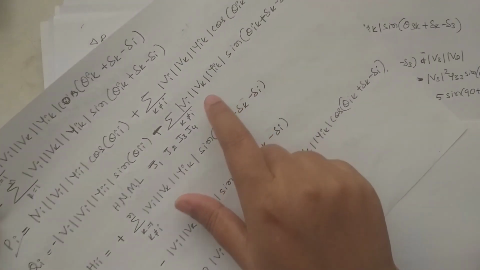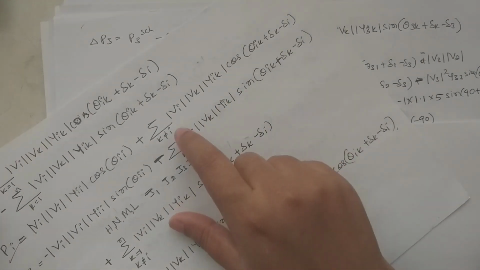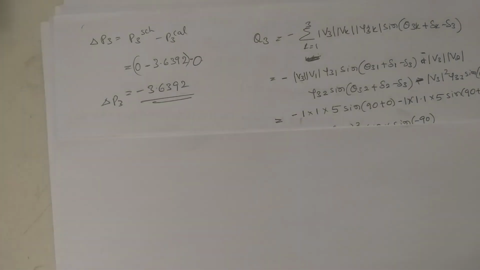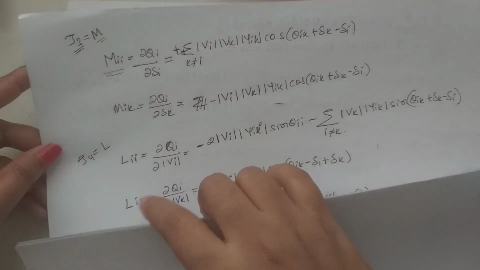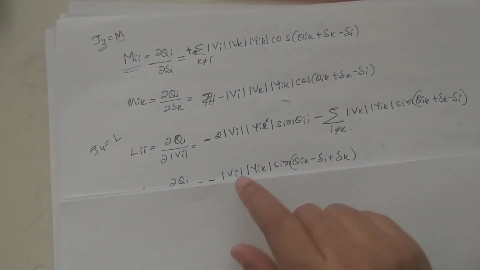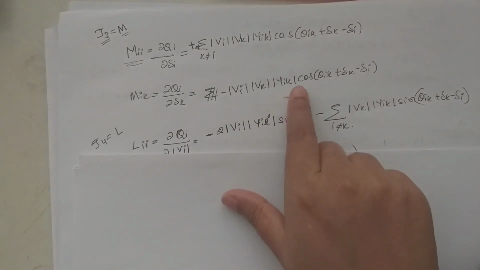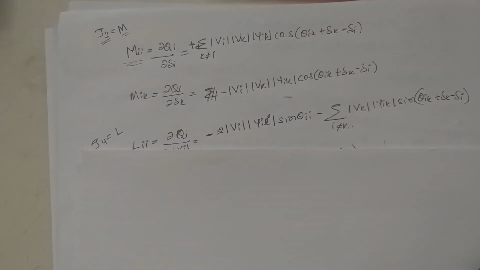The differentiation of the second term, the differentiation of sine, is cos, and the remaining we write as it is, so we get minus Vi Vk Yik cos(θik + δk − δi).